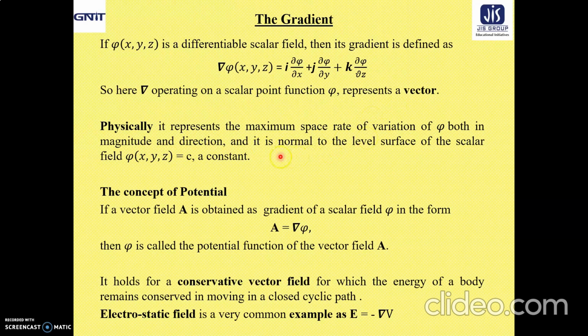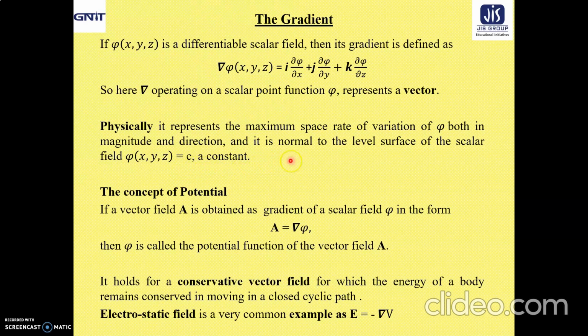This direction is normal to the level surface of the scalar field phi equal to c, a constant. Phi equal to c means the potential is constant on a particular surface at each and every point, and that surface is termed the level surface corresponding to that scalar field. The direction of the gradient is perpendicular to this level surface of the scalar field phi xyz equal to constant at each and every point.